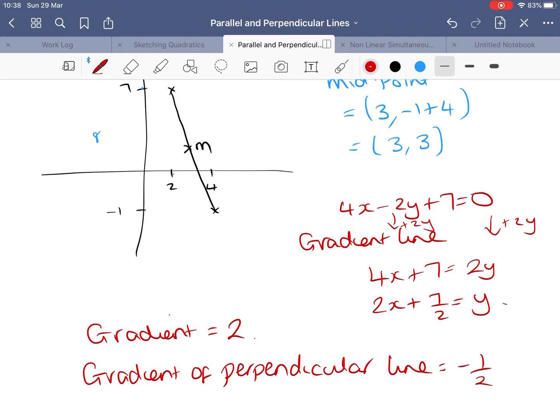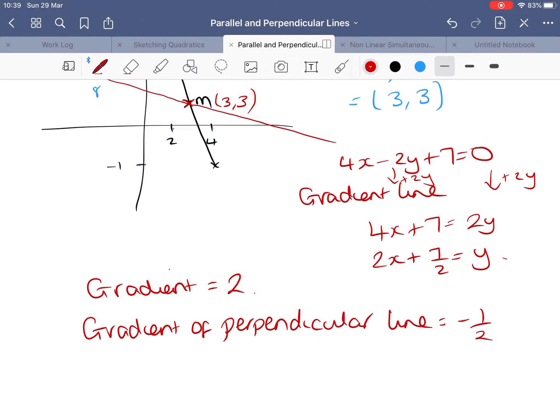Okay, so I want a gradient of a line minus a half. I can sort of sketch that now, because I know it's going to go through the midpoint M. It's going to have a gradient of minus a half, so it's going to be a downward gradient, quite shallow because it's a half. And it goes through the point (3, 3).